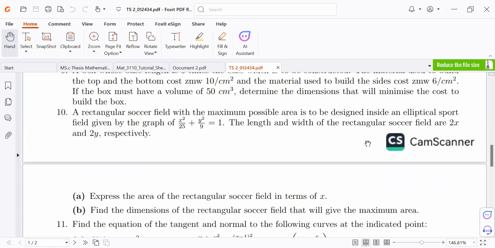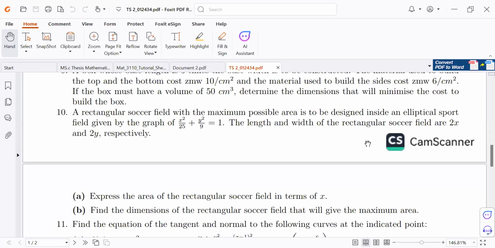A rectangular soccer field with a maximum possible area is to be designed inside an elliptical sports field given by the graph of x squared over 25 plus y squared over 9 is equal to 1. The length and width of the rectangular soccer field are 2x and 2y, respectively.